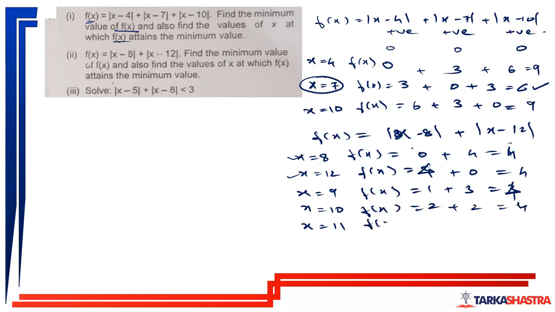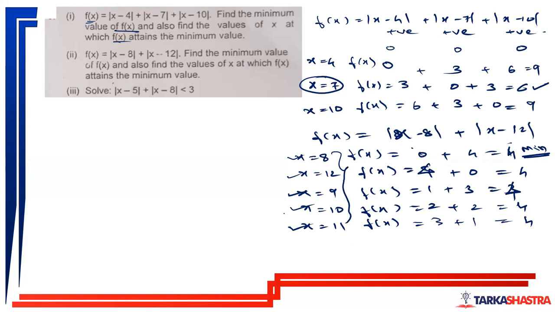At 11 it is 11 minus 8 is 3, and 11 minus 12 is minus 1, that is 4. So all these values give me f of x as 4, and 4 is the minimum value. So the minimum value of f of x is 4, and it is obtained at 8, 9, 10, 11, and 12.